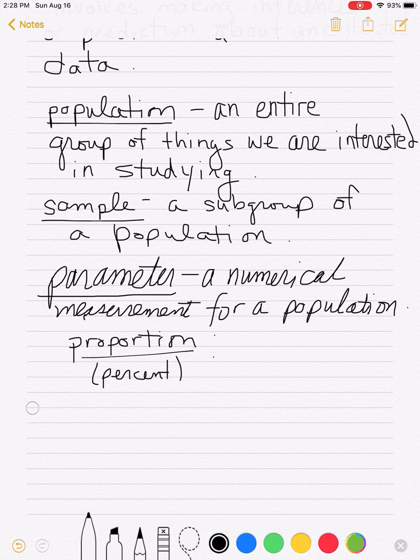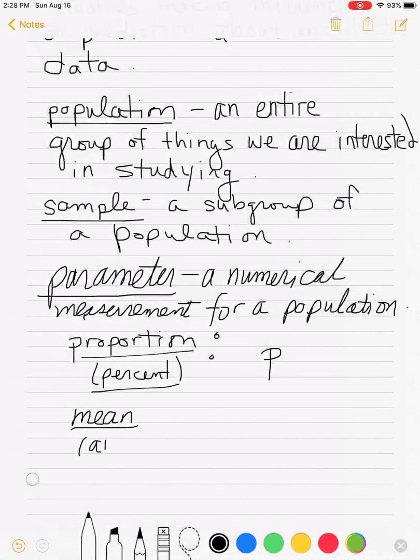So that's proportion. So we use the lowercase p, that's a lowercase p right there for proportion. Another parameter that's pretty common for a population is the mean, also called the average. So the mean or the average, that kind of measures where the center of the data for a population is.